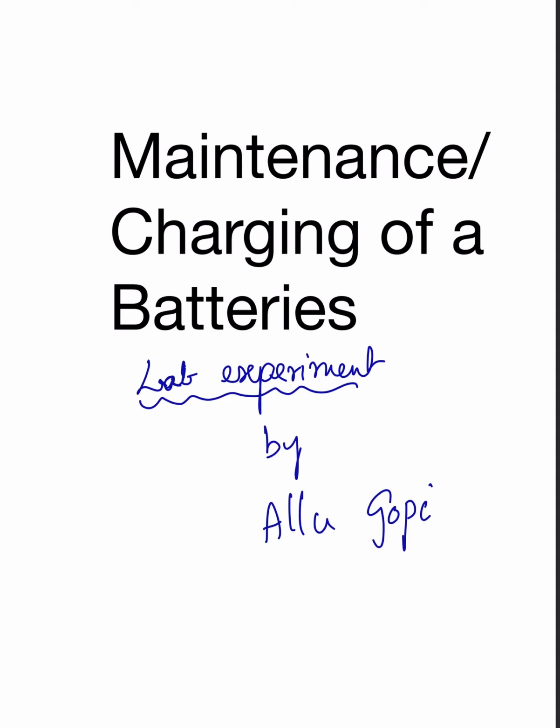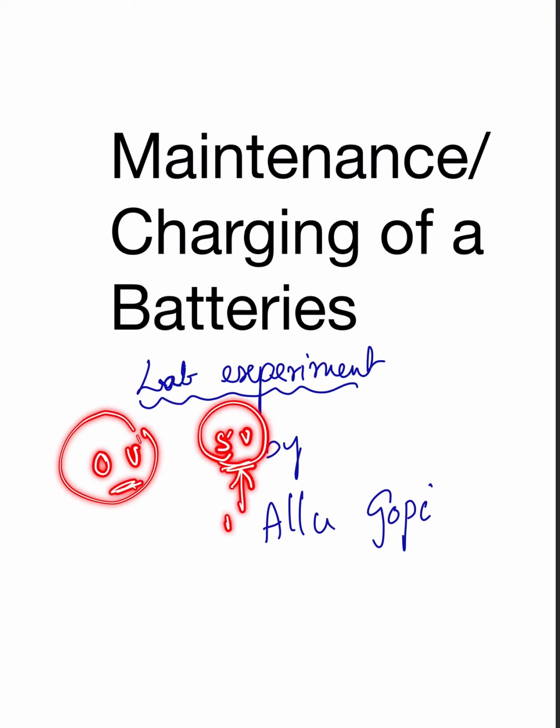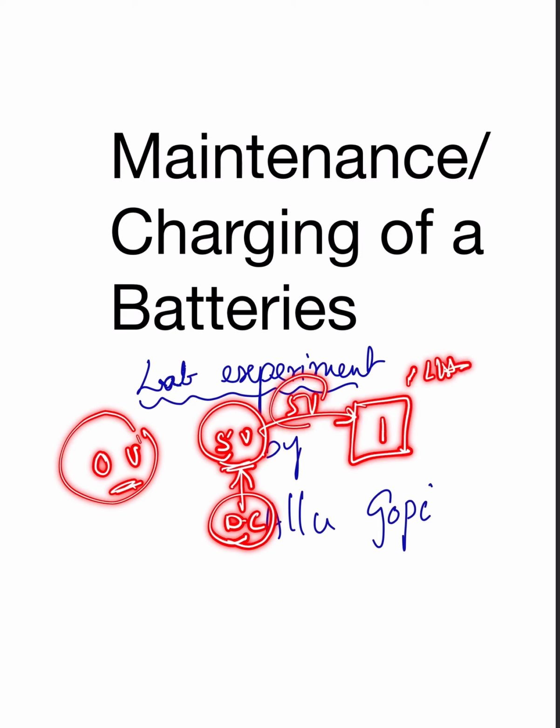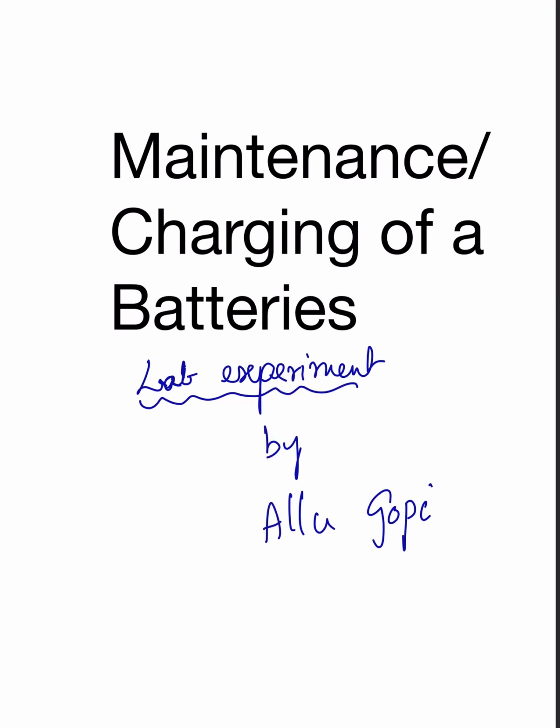Next, see, 0 volts, 5 volts I mentioned. This is purely DC voltage, because if 1 appears for 1 hour, that voltage must be 5 volts constantly. It should not vary. So this is DC voltage.